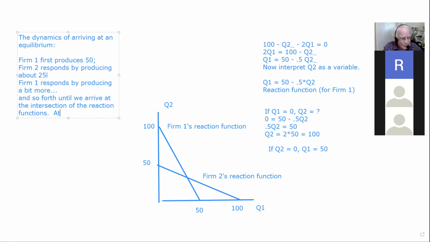At this point, there are no longer any adjustments to be made. So this is an equilibrium.